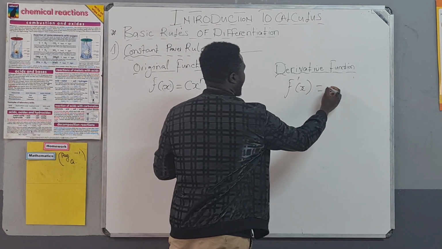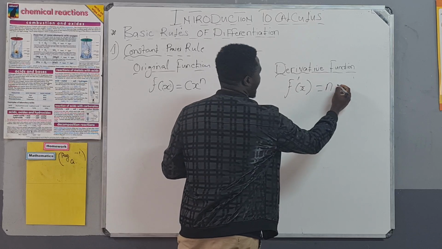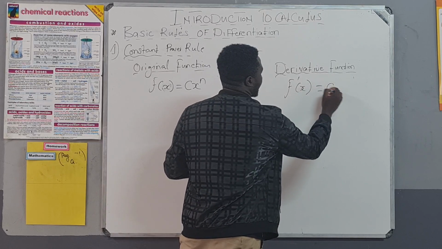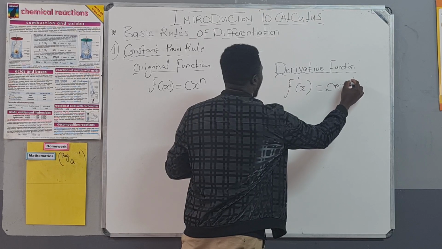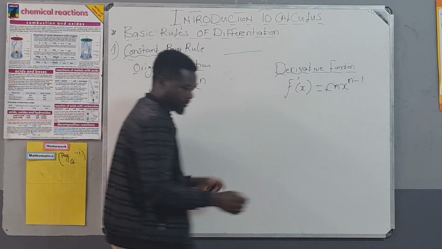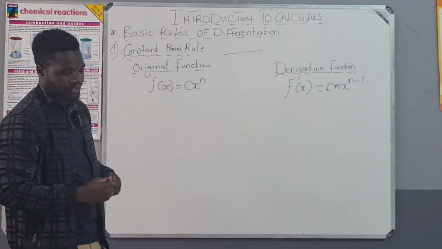You are going to have cnx to the power n minus 1. So that is how you do it.